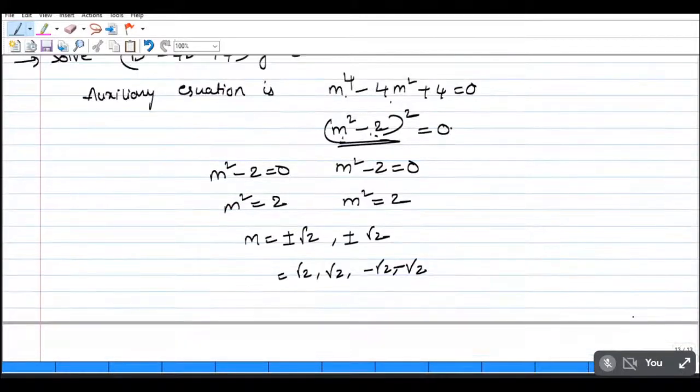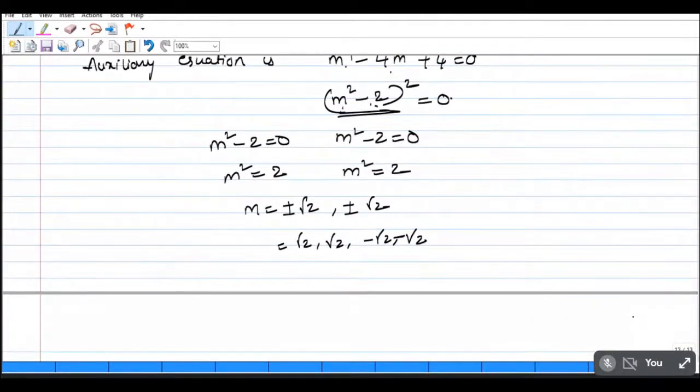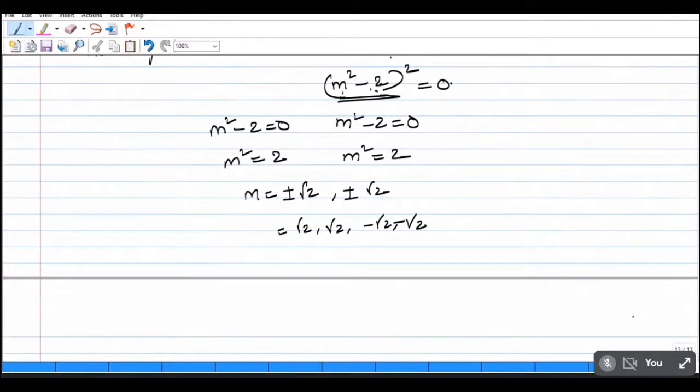There is no i here. Real roots. Complex roots contain i, like root 2 i or something. Tell me, what is the complementary function here? Root 2 repeated 2 times and minus root 2 repeated 2 times. Tell me.